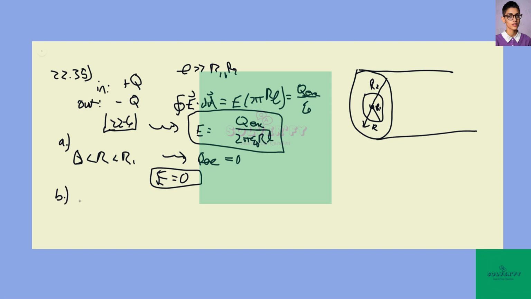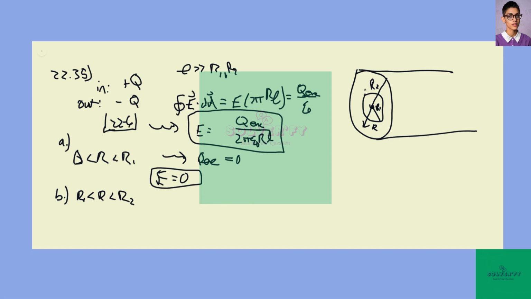Okay, so moving on to part B, now R is greater than R1, less than R2. Sorry, that should just be R there. Perfect, okay. For this case, we've got to figure out what our charge enclosed is.